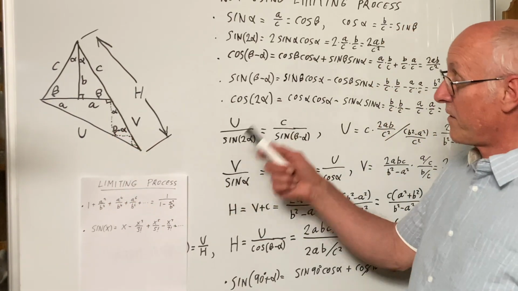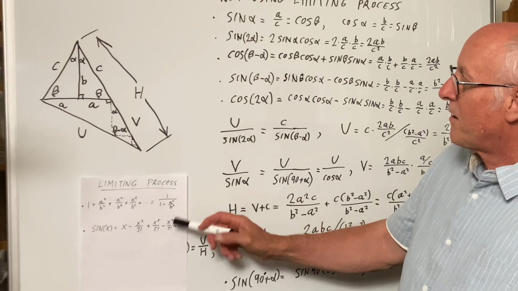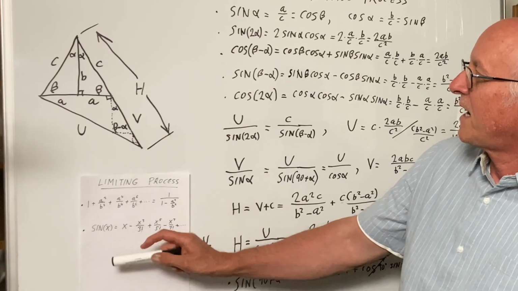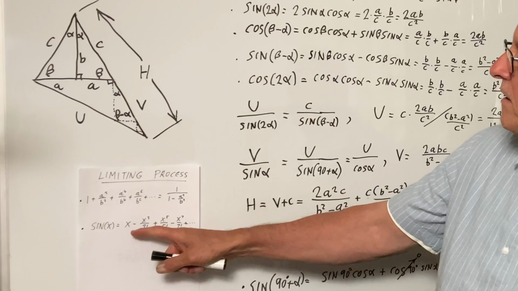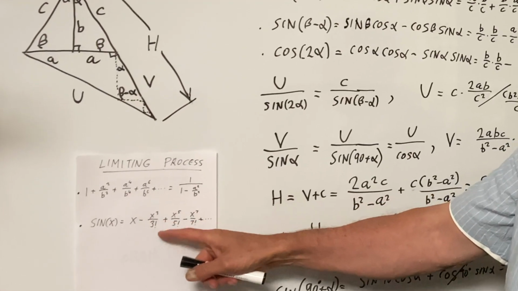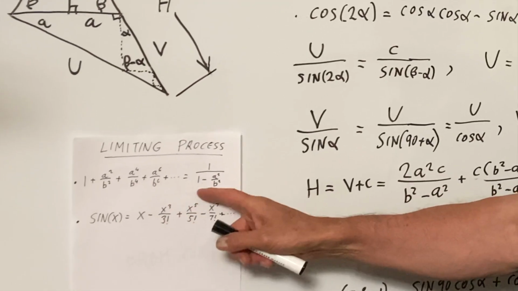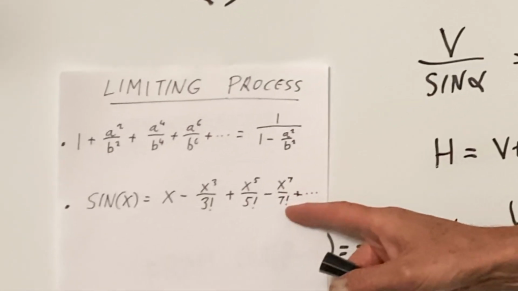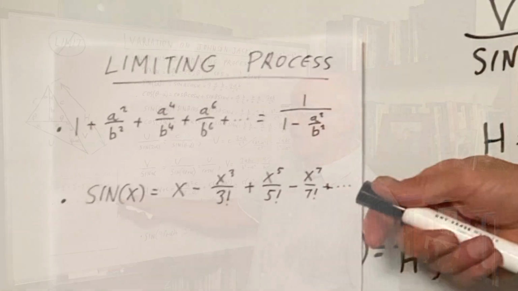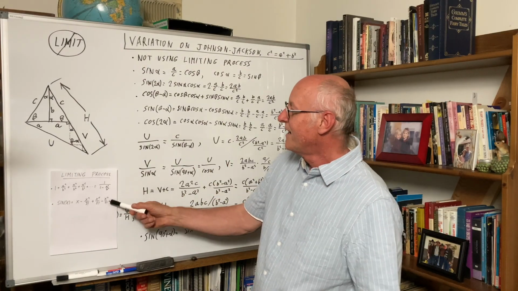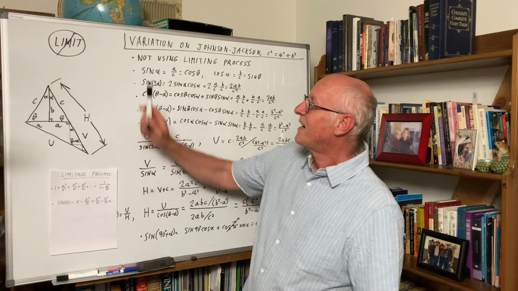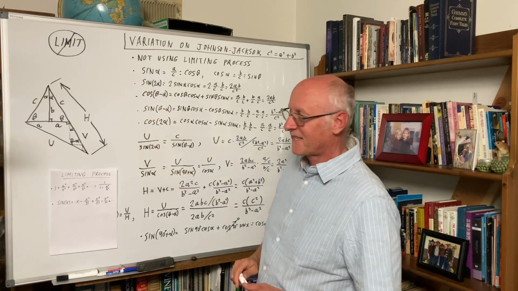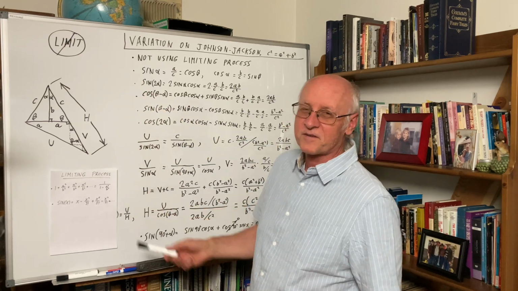We did that in previous videos. However, if you think about it, sine of x is still x minus x cubed over 3 factorial plus x to the fifth over 5 factorial minus x to the seventh over 7 factorial plus dot dot dot ad infinitum. So we really have not eliminated a limiting process, but that's the nature of trigonometry.